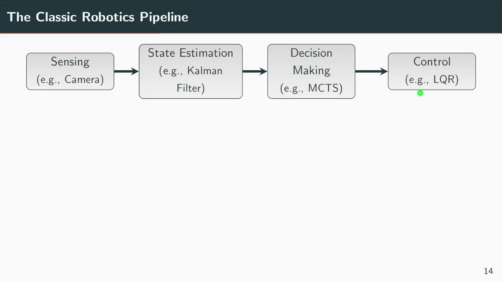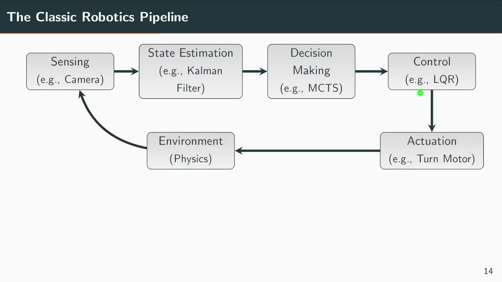Then I make some sort of decision based on what I have observed and what my prediction is of what is going to happen. I decide what I will do next on a more or less high level. And then I have a controller that tries to execute this decision to the best possible ability. And then typically I actuate, there's the environment, there's some sort of physics happening that will change our state, and then we repeat it in a loop and we sense again and so on.